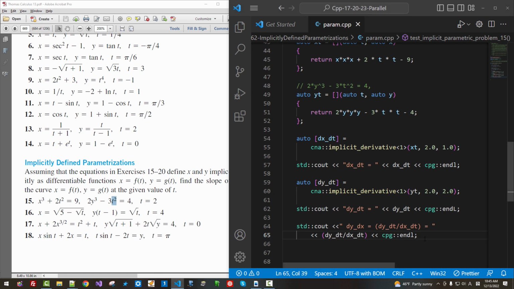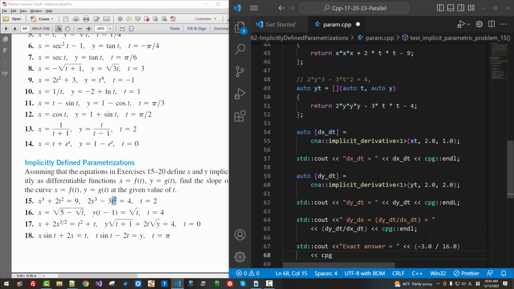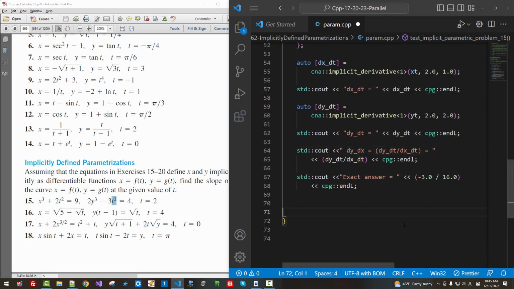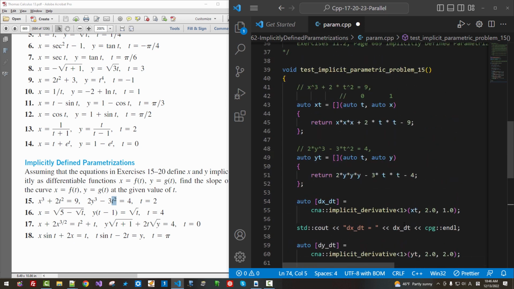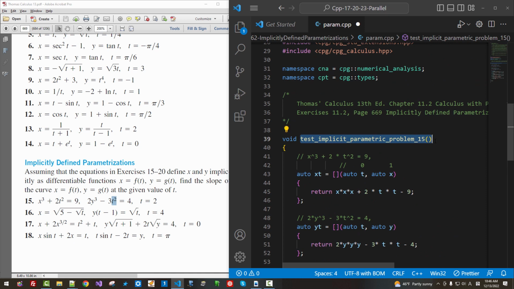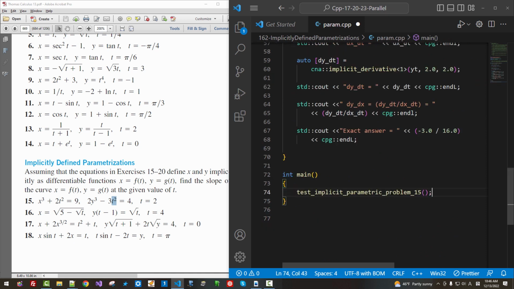The answer sheet says STD cout, exact answer is negative 3.0 over 16.0. CPG and L. Okay, we will call this function in main, copy this function name, paste it here.